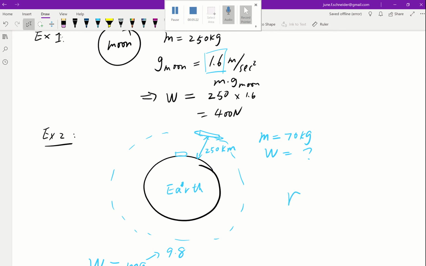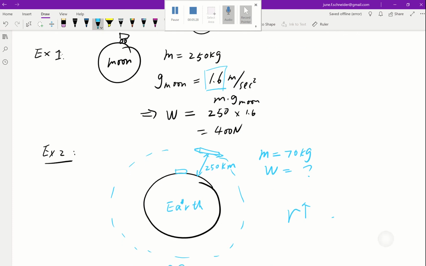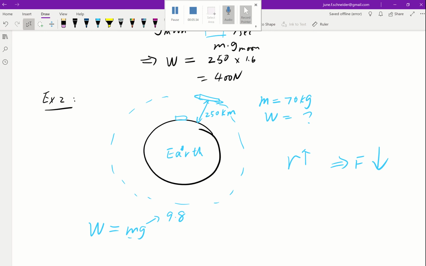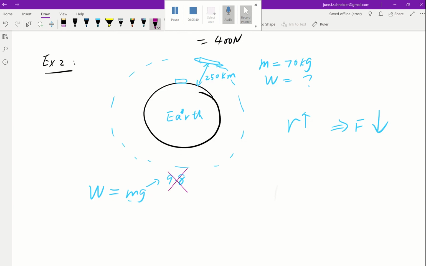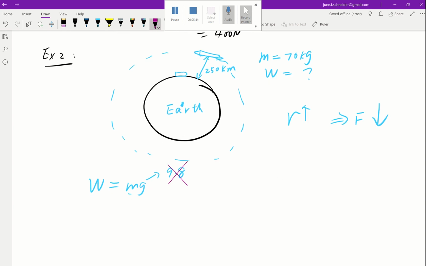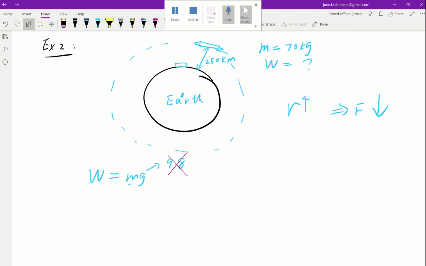This r has increased. When r, the distance between them, increased, what happened? When r increased, your attraction force decreased. Knowing that, we know this g is no longer 9.8. So make a note that's not 9.8 anymore. We are going to figure out this customized g, right?